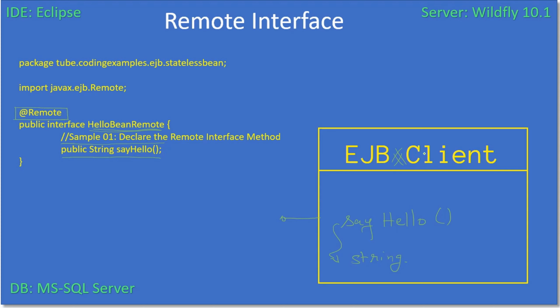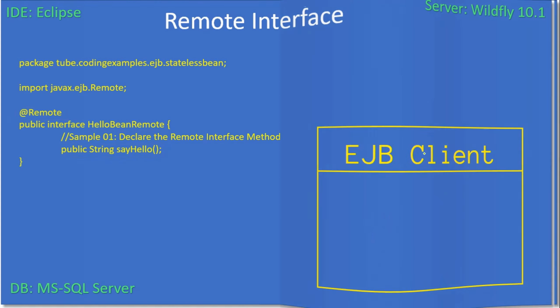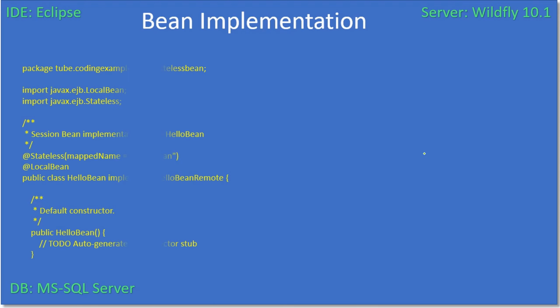Then we will go to our bean class. So the bean implementation, if you see here, you have to look at the annotation for stateless. The bean name is stateless here, and mapped name is hello bean. Later in this tutorial we will see how to use annotation and use this mapped name to instantiate the bean.